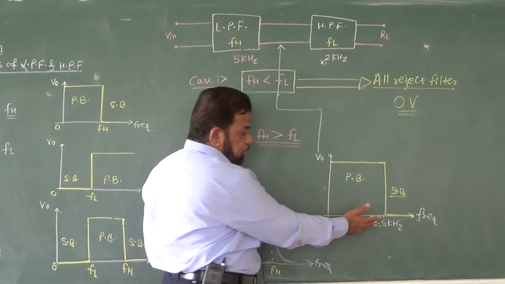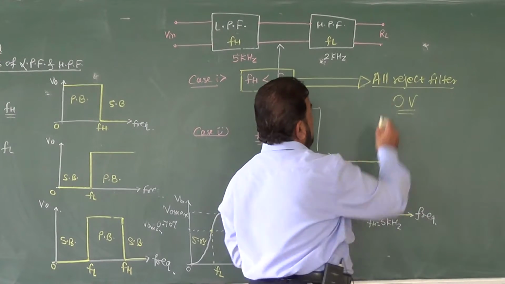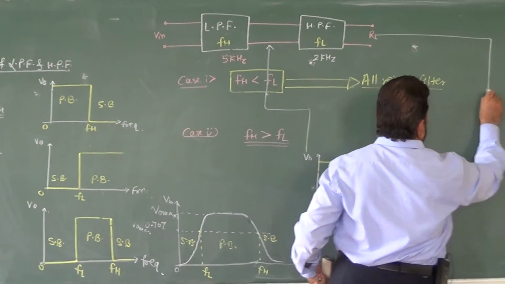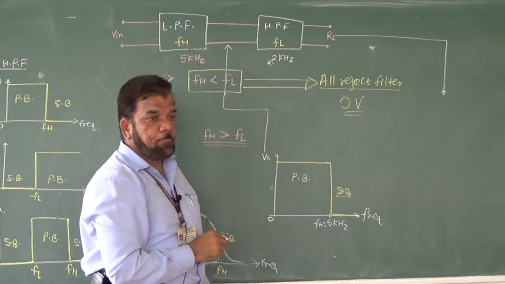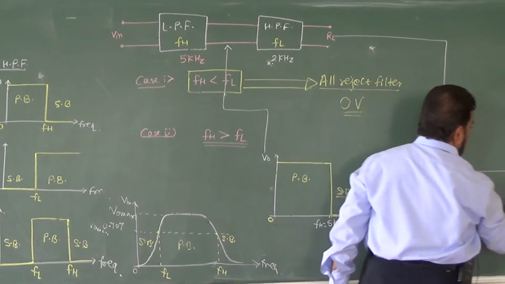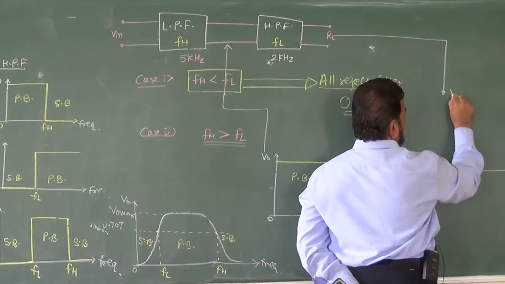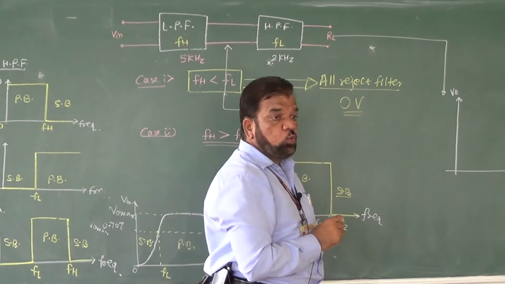But the maximum frequency available is 5 kilohertz. So if I check the frequency response at the output terminals, the response comes out like this. The high pass filter will transmit the frequencies from 2 kilohertz onwards.